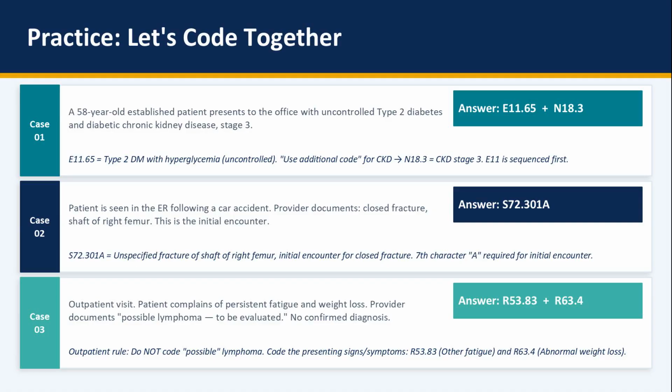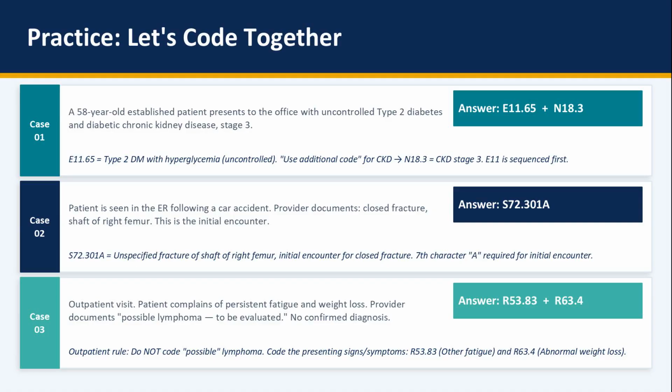Step 1. Go to the alphabetic index. Look up diabetes type 2 with kidney complications. The index points us toward E11.65. Let's verify in the tabular. E11.65 is type 2 diabetes mellitus with hyperglycemia. Good.